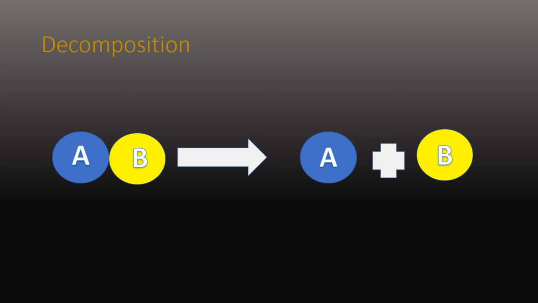Decomposition, and again, going back to your biology class last year, decomposition means to break down. So what we're doing here is we are breaking down our compound into its individual components.